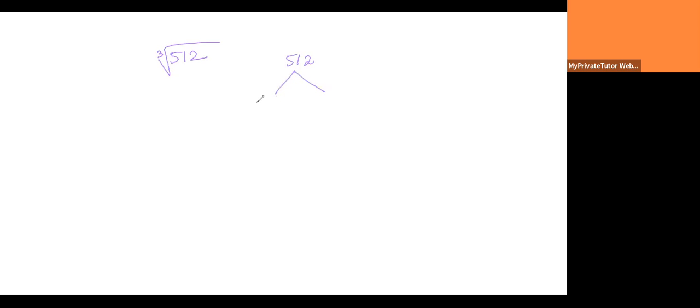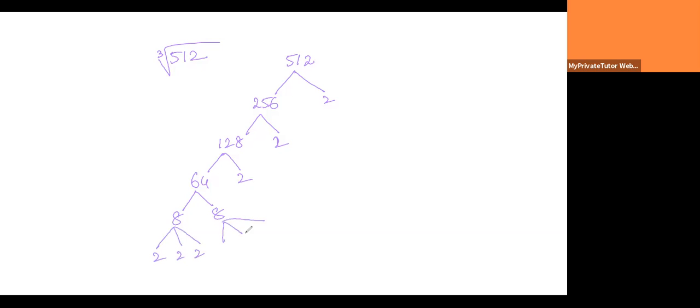So can we start with the 2? I think 256 is 2, and then 128 times 2, and then we have 64, and I think everyone knows that 64 is nothing but 2 power 6. If you want to do one more time, you can do 8 times 8, and 8 is nothing but 2 times 2 times 2.